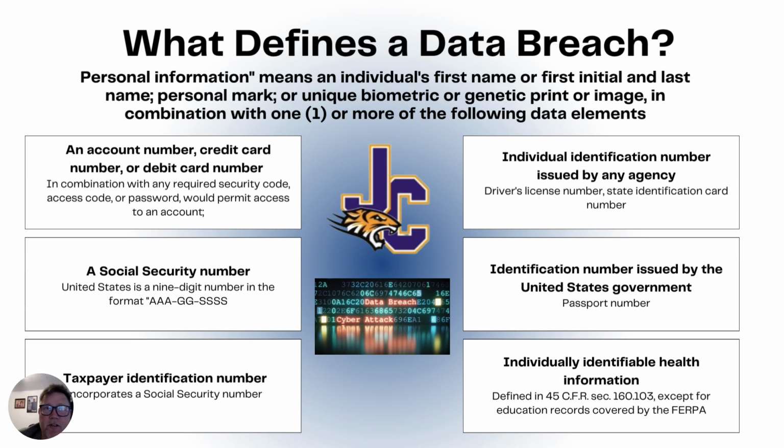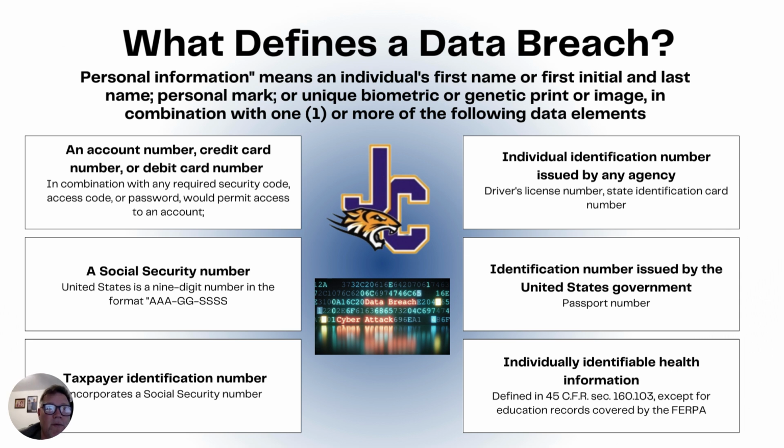What defines a breach? Of course, we went over this many times in the past, but unfortunately, you still need to understand that personal information means the individual's first name, or first initial, and last name, a personal mark, or unique biometric or genetic print or image in combination with one or more of the following. So the top part's automatic. And I'll read parts of it.